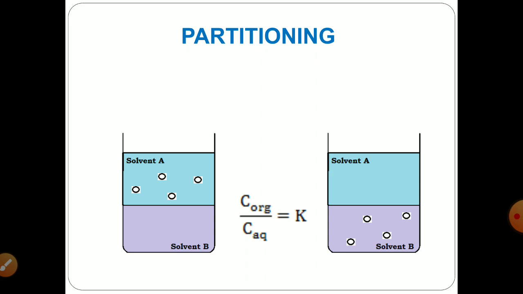I will repeat, in case of distribution you have a solute which will get distributed between two solvents and it has affinity toward both of them. But when it comes to partitioning, that is not true. In case of partitioning, the solute will distribute in the solvent which has larger affinity based on its polarity.